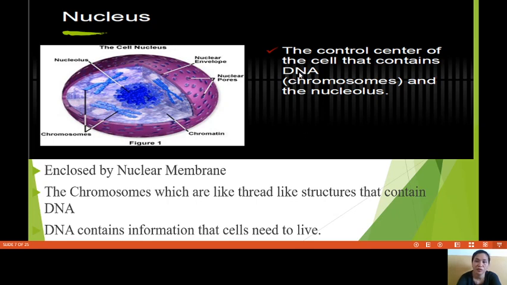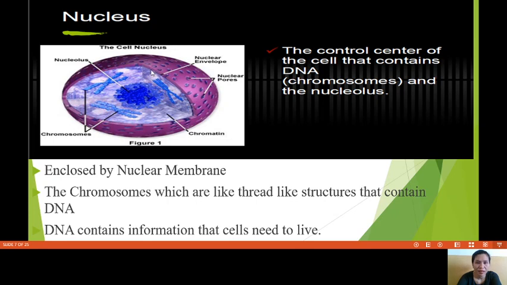It is enclosed by the nuclear membrane, so it's almost the same as the cell membrane. The chromosomes are thread-like structures that contain DNA. DNA contains information that cells need to live.